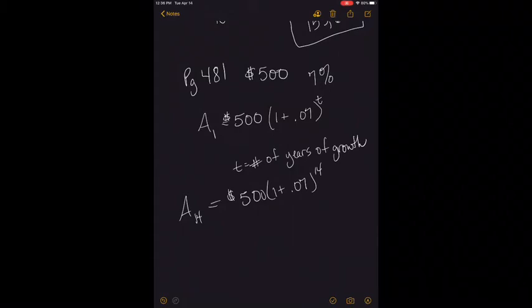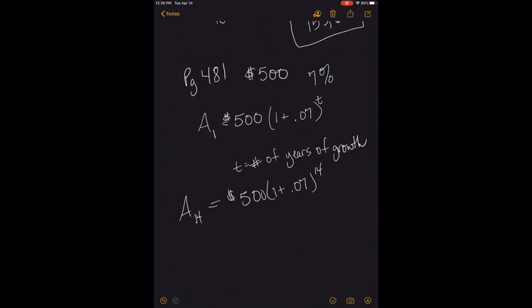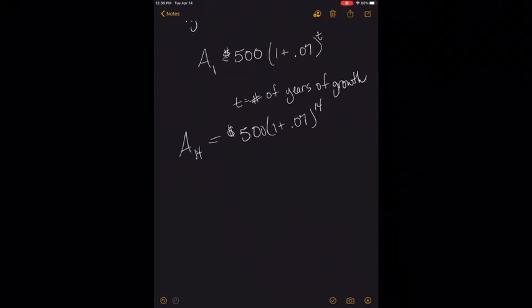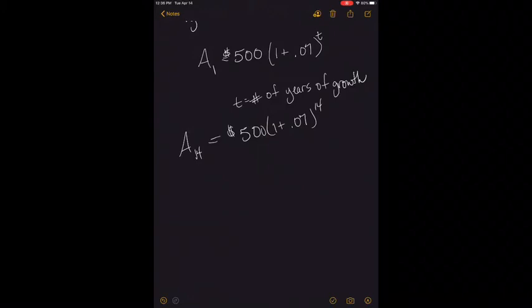And that would give you his total, which is in your book. It's $1,289.27. So they just wanted you to find the interest, so they subtracted off the principal, and so you were left with $789.27. We will definitely go over this a little bit more in our lesson on Wednesday.